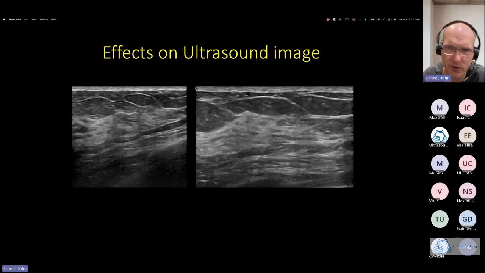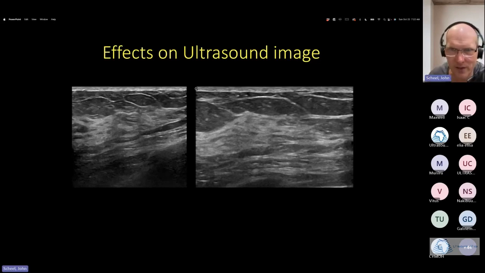Now compare that to the right image where the chest wall is nice and level. You can see the top of a rib, and you can see the pectoralis muscle, but you're not missing any breast tissue. So including the top part of the pectoralis muscle and the rib shows the person who's looking at the image that you have included the entire breast tissue.